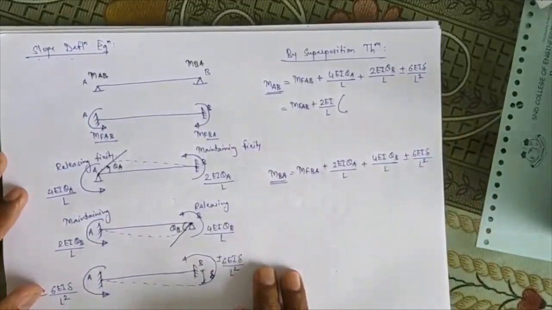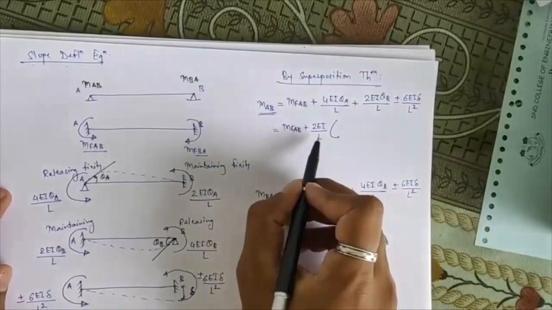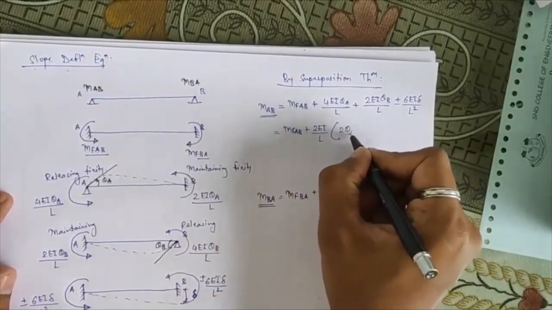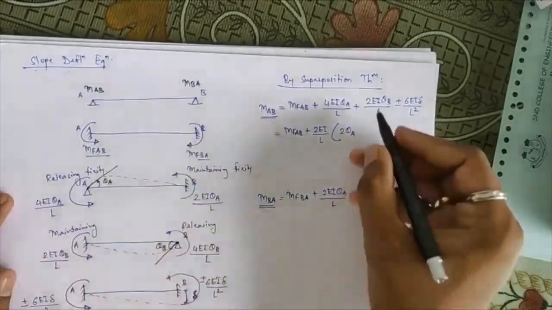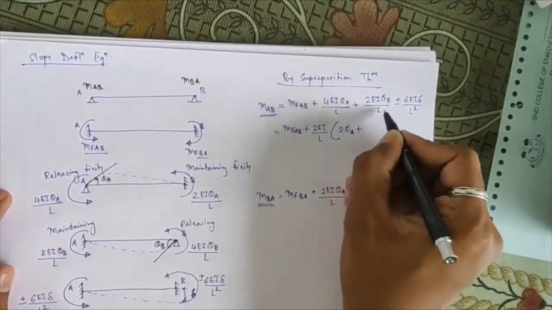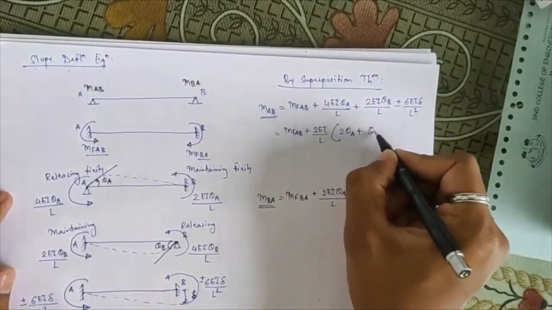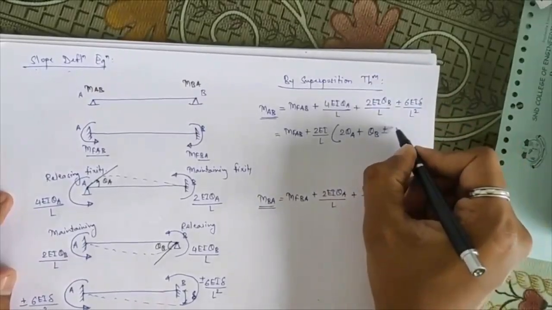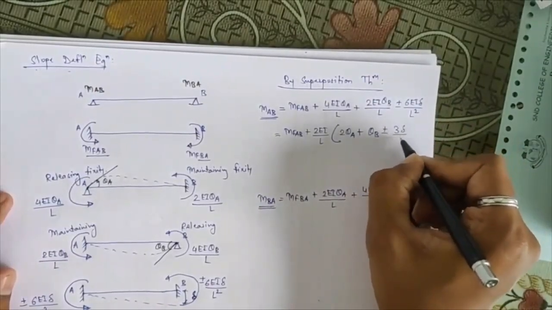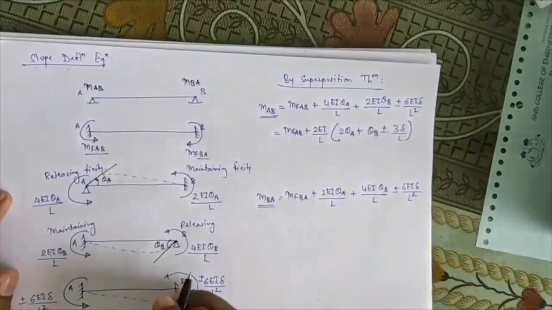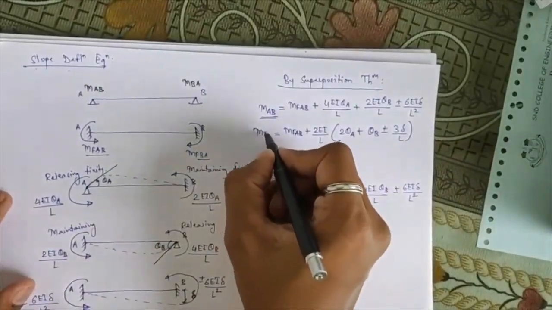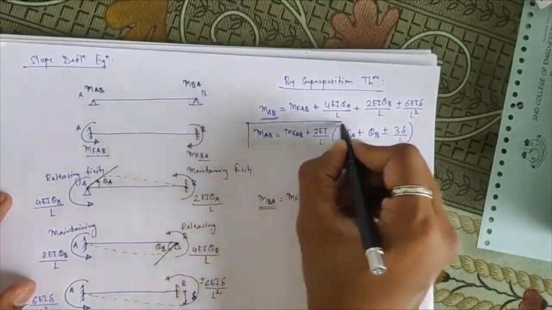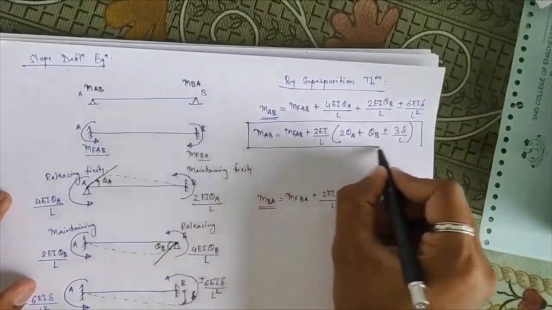So 2EI upon L goes outside, and what remains is 2 times theta A, plus theta B, plus or minus 3 delta by L. You can treat this as your modified slope deflection equation for joint A.